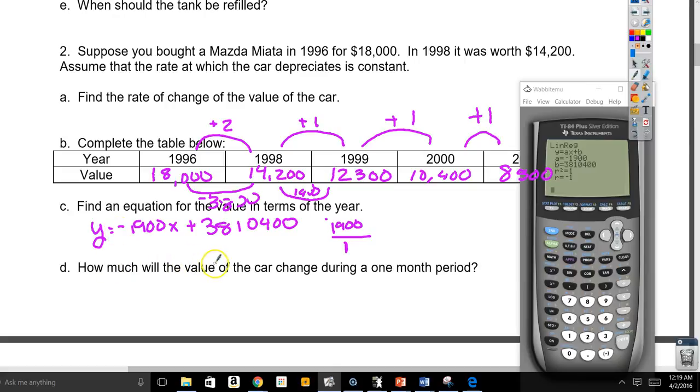How much will the value of the car change during a 1-month period?